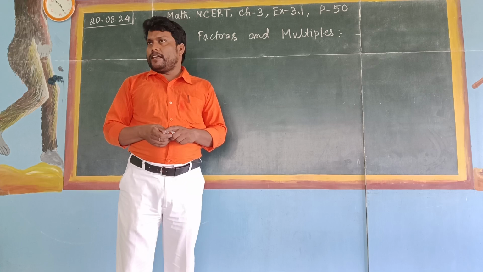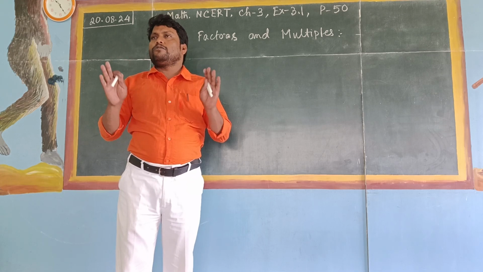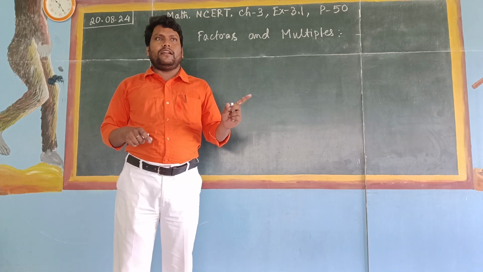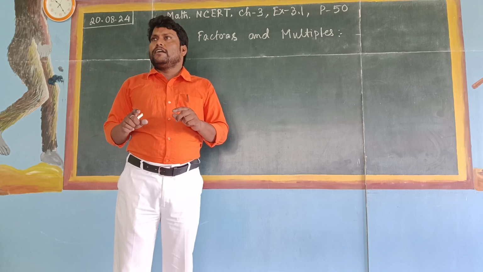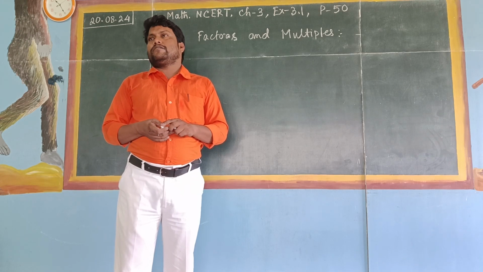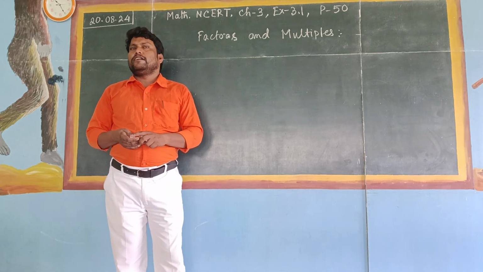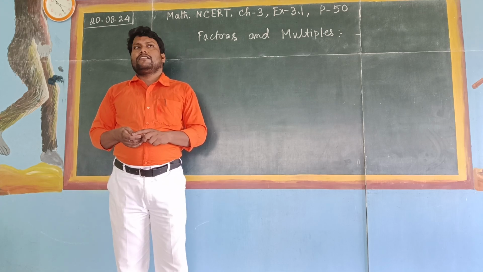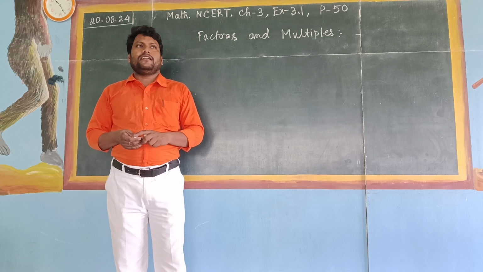If you do not memorize the table, you cannot solve problems on factors, common multiples, LCM, HCF, these kinds of problems, easily, because these topics depend on the multiplication table.